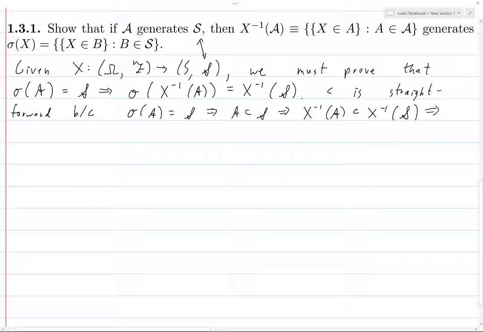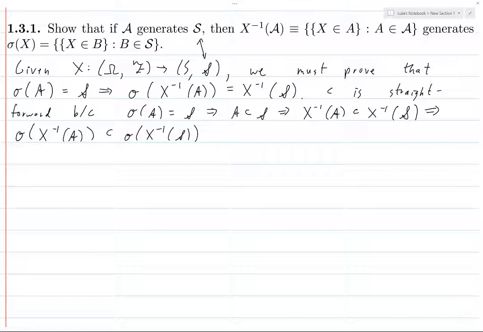Now this implies, what happens if we consider the sigma algebras generated by both of these sets? Well, we have sigma of X inverse A is contained in, again, the inclusion holds. The inclusion is preserved when you take the sigma algebra generation operation.